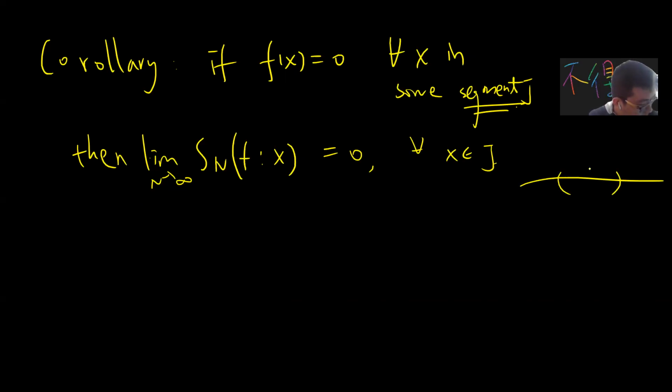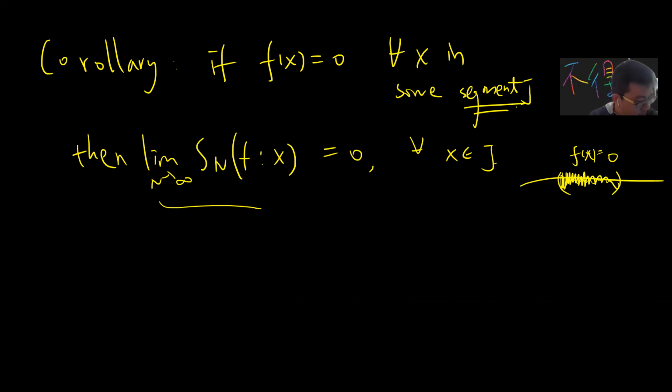So what it's saying is that if your f(x) is 0 on a particular open interval, then your S_n will be 0 for the interval.